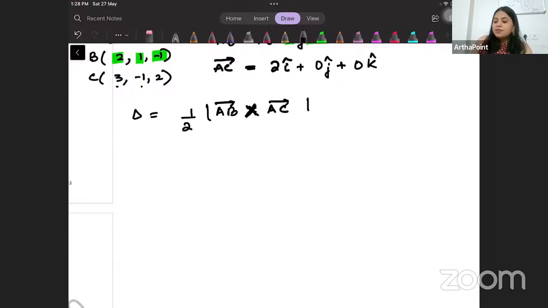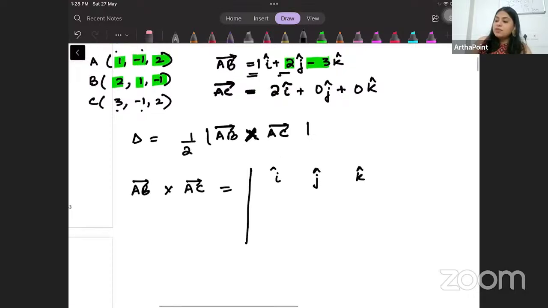So AB cross AC is going to be i, j, k hat, and then their coefficients. So for AB it is 1, 2 and minus 3. Learn it with me only, okay? 1, 2, minus 3. And these coordinates will be 2, 0 and 0. So 2, 0, 0.